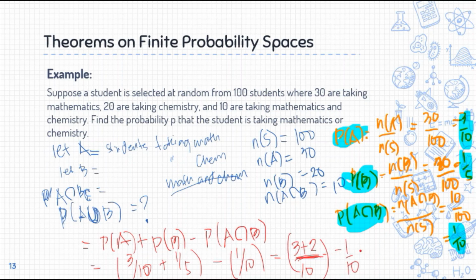So this is equivalent to 5 over 10 minus 1 over 10, which is 4 over 10, or how much is this in lowest terms? 2/5. So the probability of A union B is equivalent to 2/5.